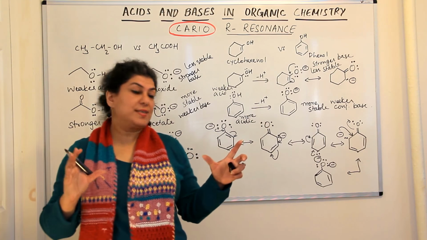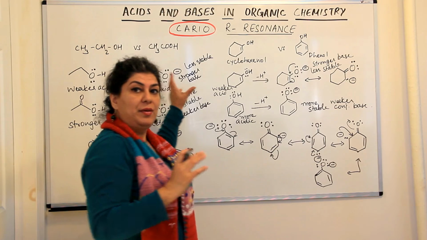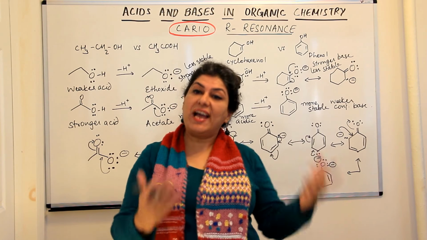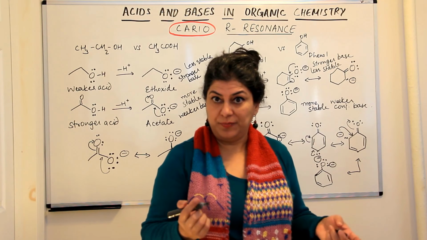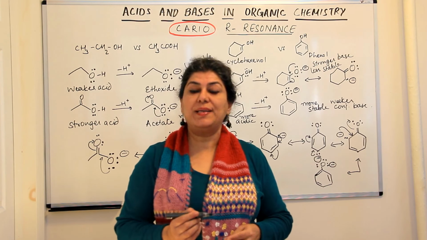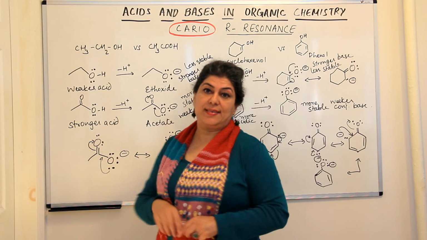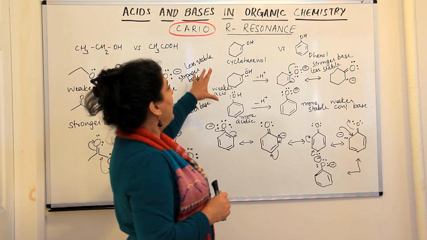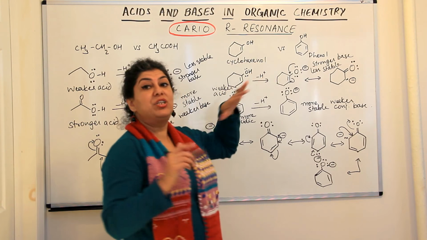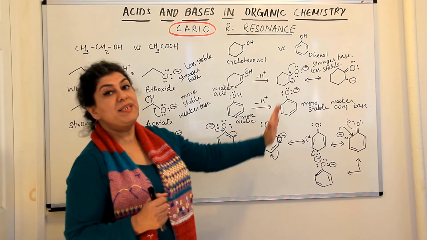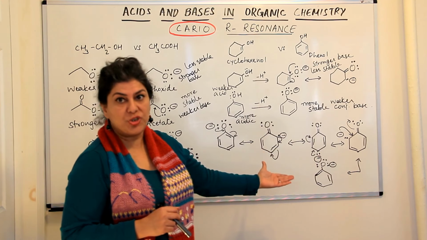Now we have noticed an example where we had no resonance, and one with resonance. So the compound which had resonance was more stable, formed a more stable conjugate base, and therefore was more acidic, was the stronger acid. And out of these two, where we saw resonance in both the molecules, the one which shows more resonating structures was more stable.